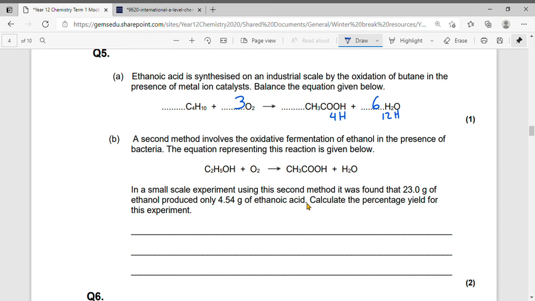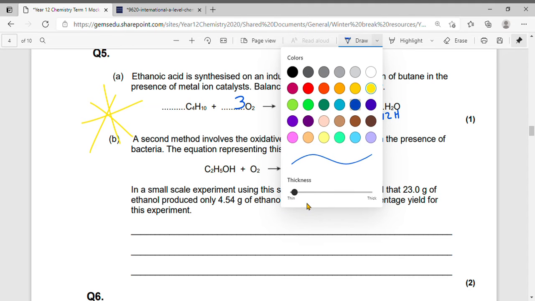So what multiple of this? 12 plus what gives you, you can do this, and this becomes this, and therefore 6 plus 2 is 8, 8 hydrogens here. I'm not exactly sure about this. Okay, we'll draw a star just because that's 1 mark, and it's quite time consuming.